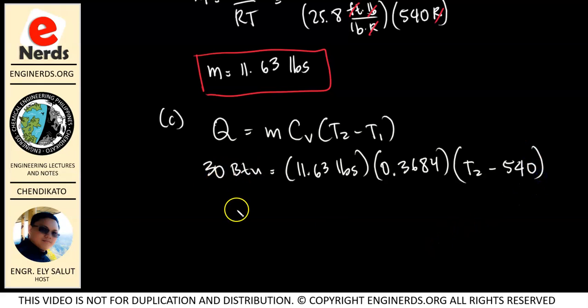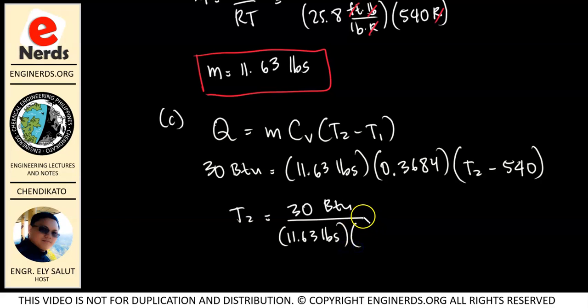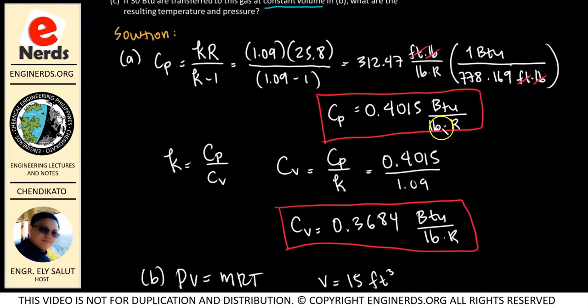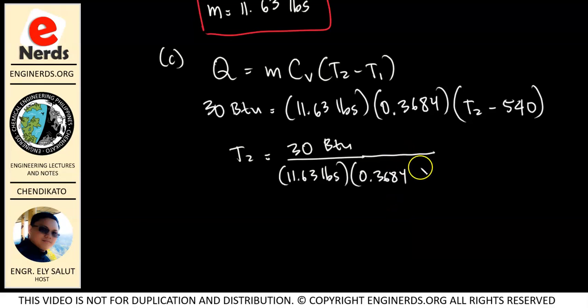So therefore our T2 is equal to 30 BTU over 11.63 pounds over our Cv, 0.3684. What is the unit of this? Our Cv is BTU per pound per Rankine. Then we need to transpose our temperature, so plus 540 Rankine.